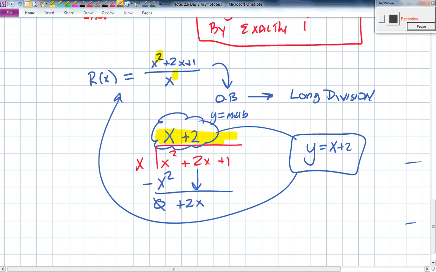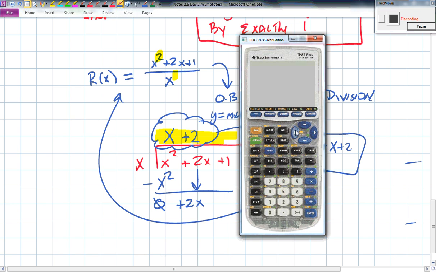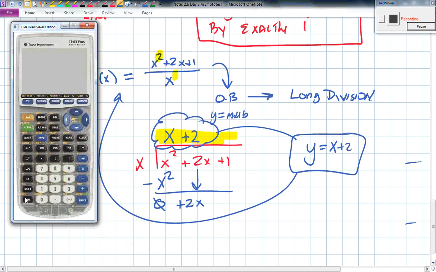Okay? So let's graph these in our calculators and see what's going on. Make sure you put the numerator all in parentheses. So we'll go parentheses, x squared, divided by x. And then I'm going to get rid of everything else.